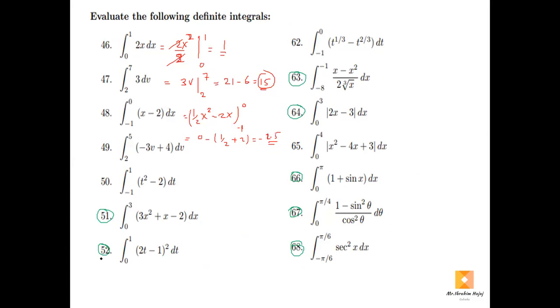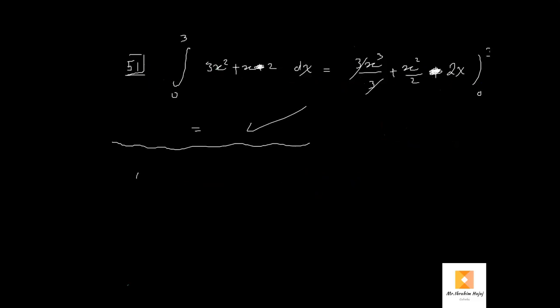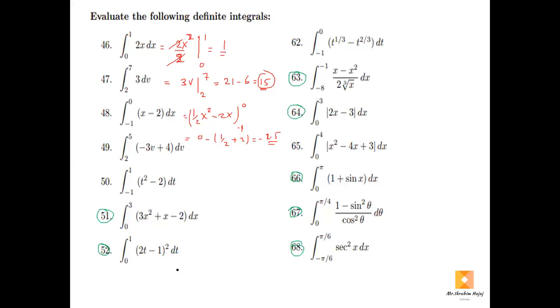Today, guys, the last period in definite integral. 52 is easy also because the inner function is linear, so it's 2t minus 1 to the power of 3 over 2 times 3. Let's do this one, mister. The integral of the sine theta ones are the hard ones. The integral of 2t minus 1 to the power of 2 dt, from 0 to 1.